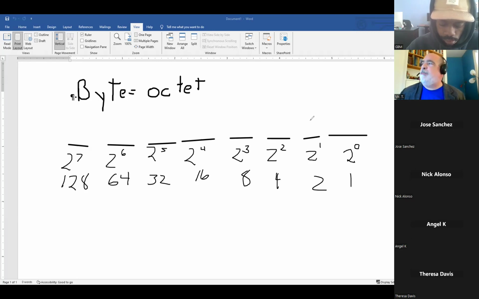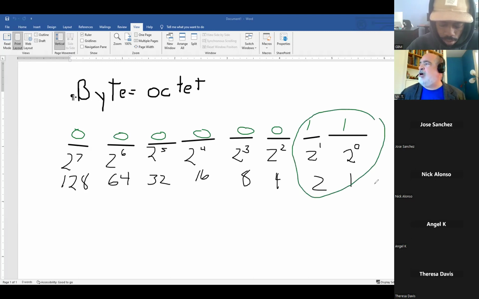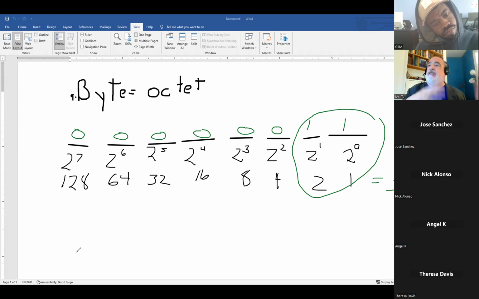If I turn this bit on and this bit on, but I'm going to keep all the others off, I'm only going to count these 2 because those are the ones that are turned on, and that's going to give me a 3. So the binary code, Shanita, for 3 is 0, 0, 0, 0, 0, 0, 1, 1, and that's a 3. In binary, it's 0, 0, 0, 0, 0, 0, 1, 1, right?